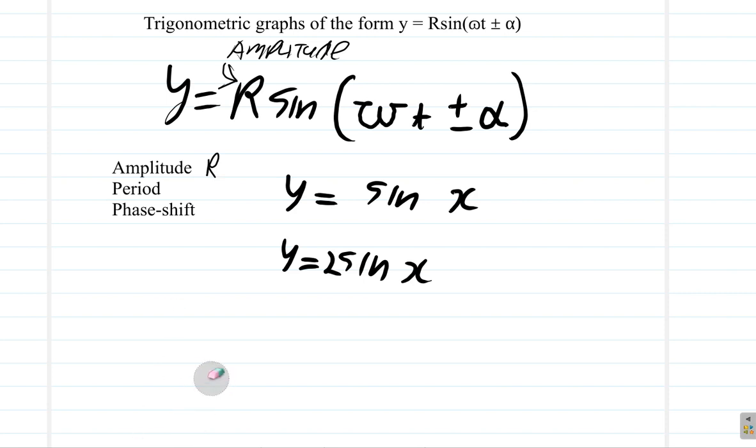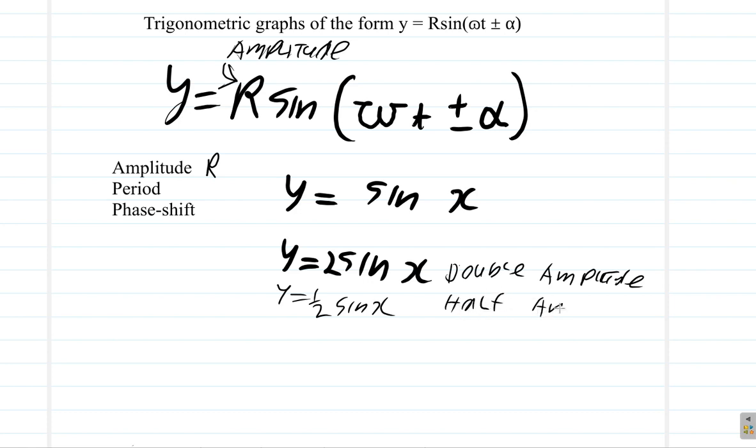Now, suppose, alright, so y equals 2 sine x, what we did was double the amplitude. And for y equals half sine x, we halved the amplitude.